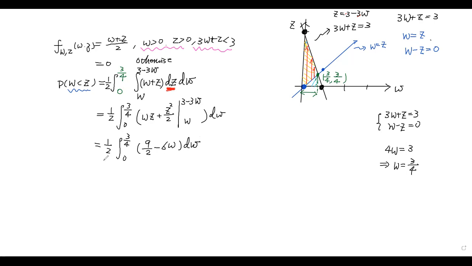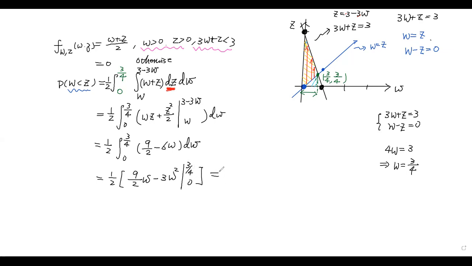Now you do the integration one more time. So this is 1 over 2, and here you will do 9 over 2 w minus 3 w squared, evaluated from 0 to 3/4.